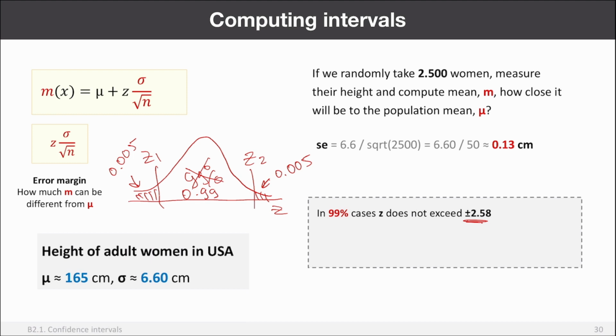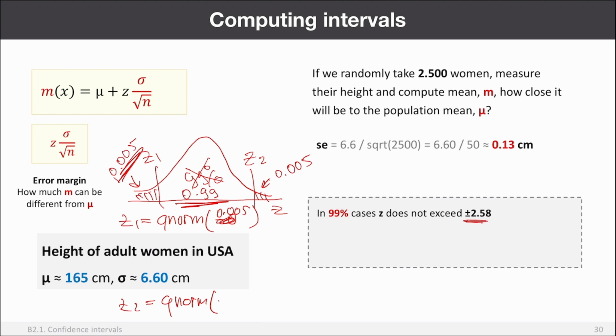Now I can compute z1, for example, using the ICDF function. In R, it's qnorm, right? qnorm for 0.005. Or I can compute z2 as qnorm, and then I need to take this plus this, because you always have the area on the left, right?